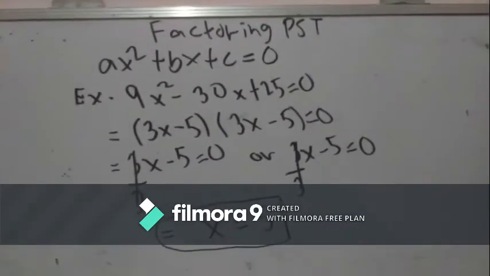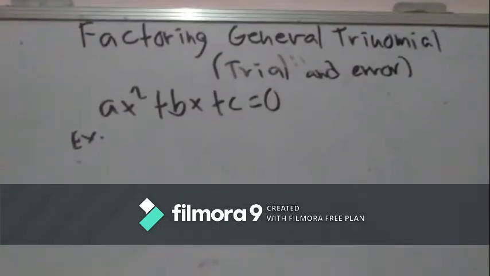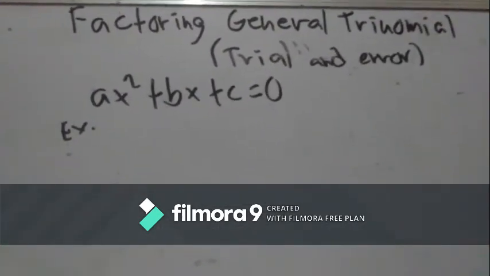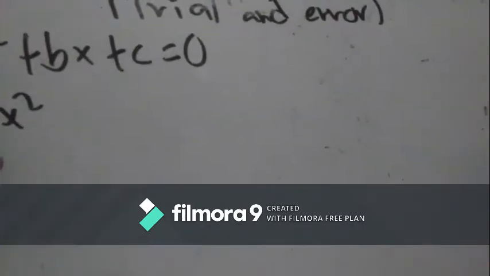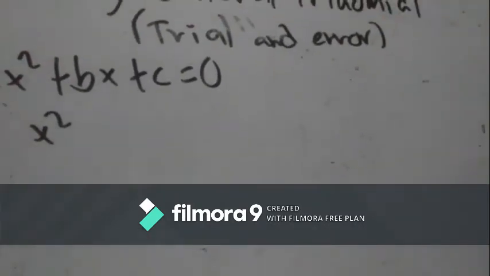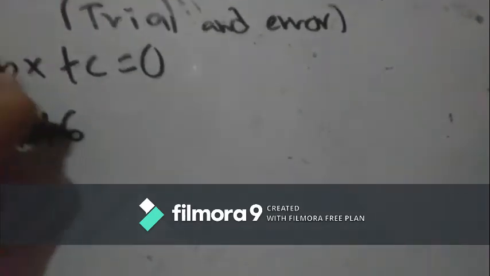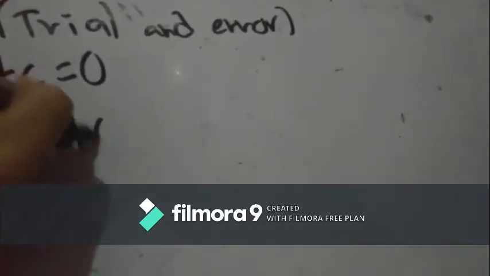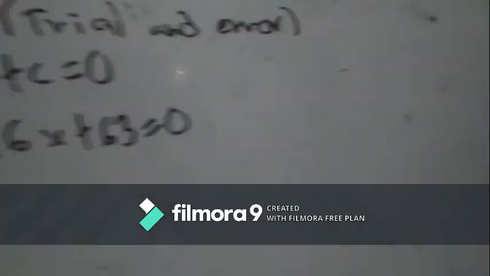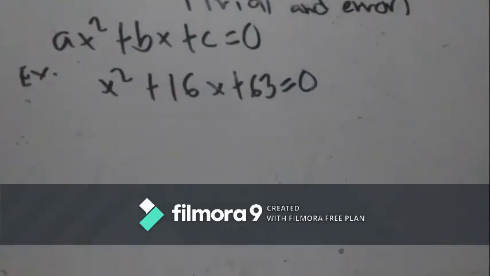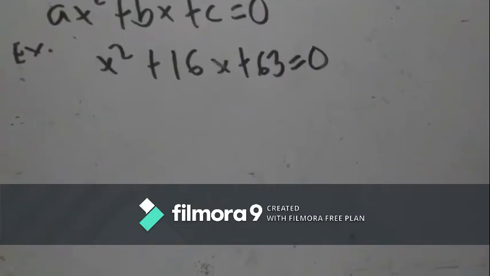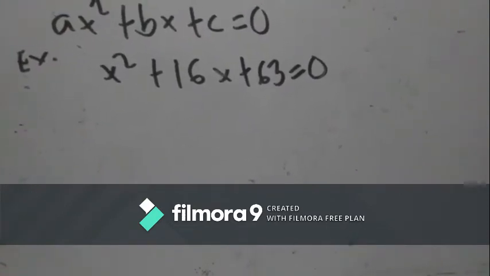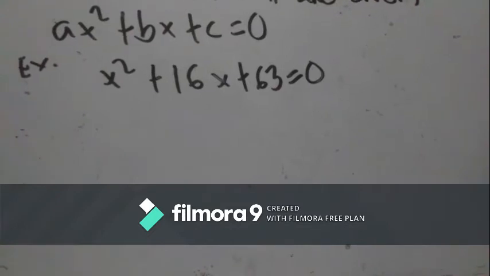It's very simple. So our sixth method is factoring general trinomial. Example is x squared plus 16x plus 63 equals 0. So we should always remember that in general trinomial, factor first the last term only, and we should make sure that if you multiply them, you get the middle term correctly.